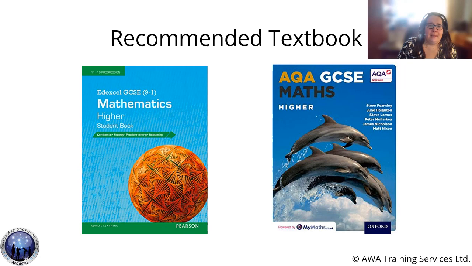The Edexcel book series also includes a book for extension questions, so that's especially for students aiming for a very high grade, an 8 or a 9. And there's also a reasoning and problem solving book that you can buy if you want to. But if you want to buy a book, then I just recommend starting with this textbook at the beginning.